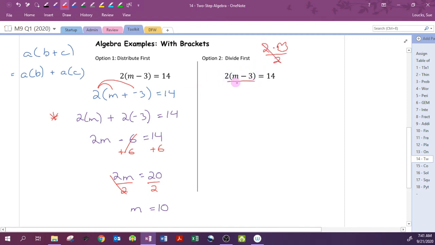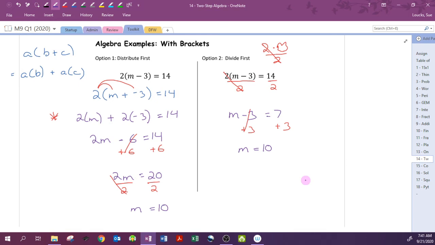So if I divide this side by 2, and I divide this side by 2, those 2's cancel out, and I have remaining an m minus 3 on the left side and a 7 on the right side. So now I'm going to add 3, and I now have m equals 10. So I get the same answer both ways, which is, of course, the point. It would be a bad thing if we didn't.